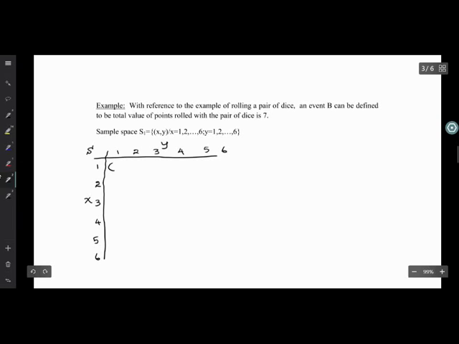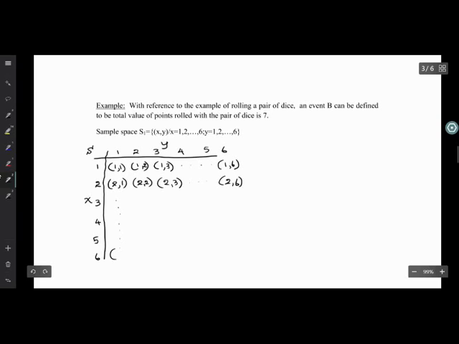So the first outcome will be 1, 1, then 1, 2, 1, 3, so on up to 1, 6. The next set, 2 from the first die and 2 from the second, and so on, 2 from the first and 6 from the second.